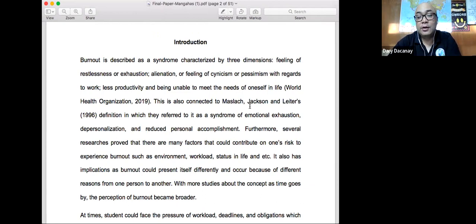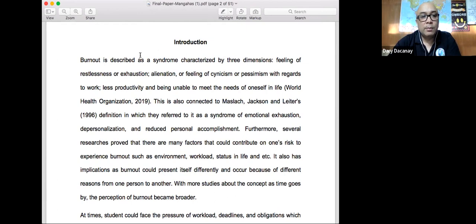Okay, the first paragraph would be the context. When you say context, it would tell all of us superficial information, pahapyaw na information, about your research. Now, you notice here that there is a citation, no? So on the first paragraph of your introduction, which is the context, may citation na kaagad.